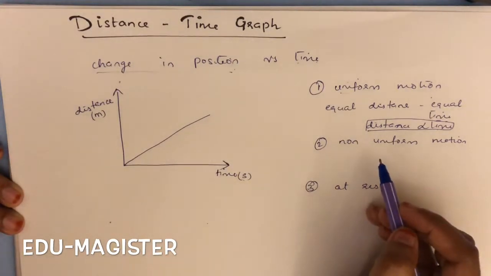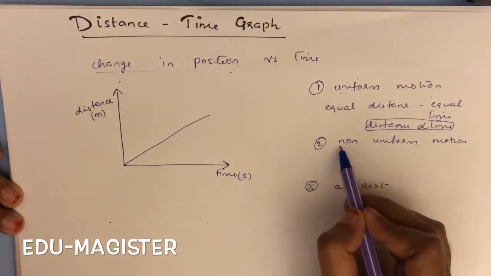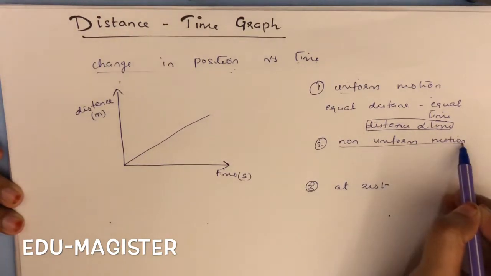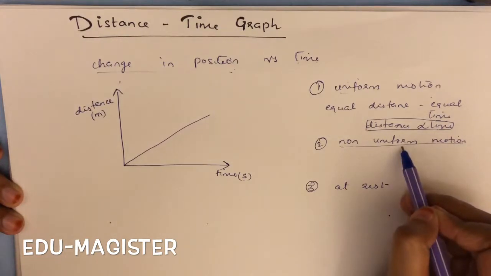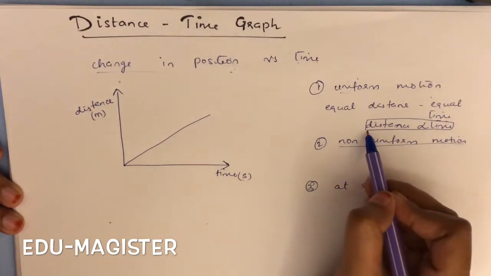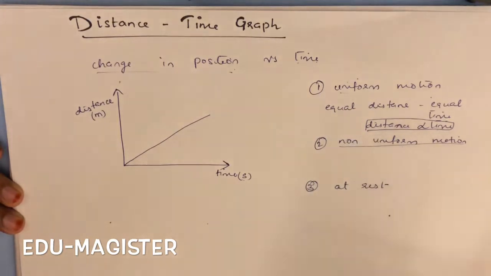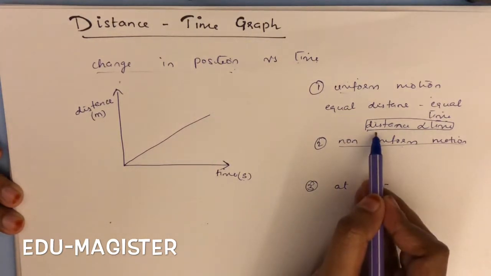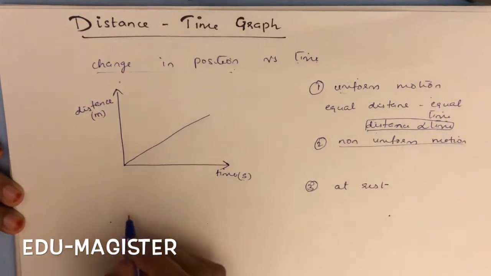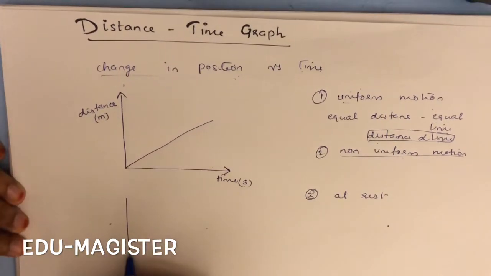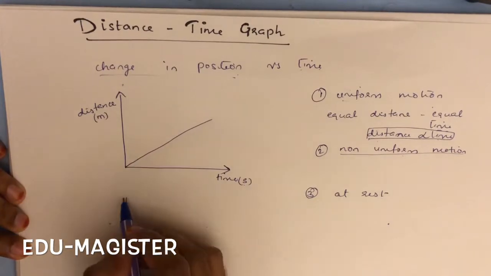Now let's see what will be the shape of the graph in the case of a non-uniform motion. In the case of non-uniform motion, this proportionality does not exist. That means the object is not covering equal distance in equal interval of time. Distance is not directly proportional to time. So we can draw the graph.